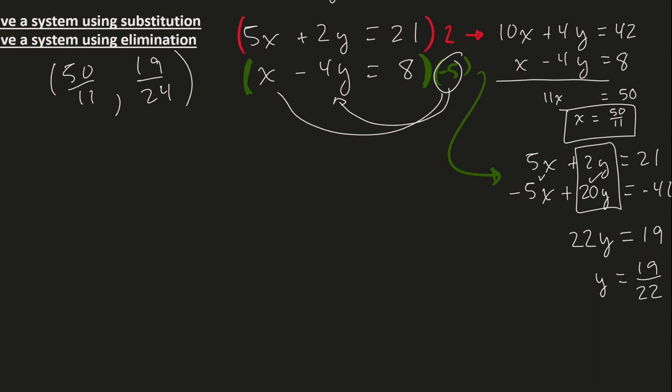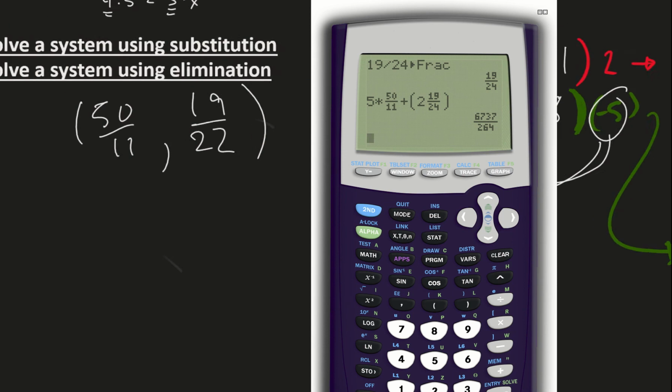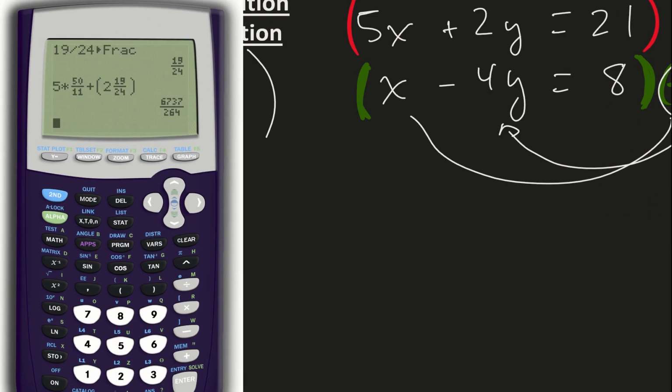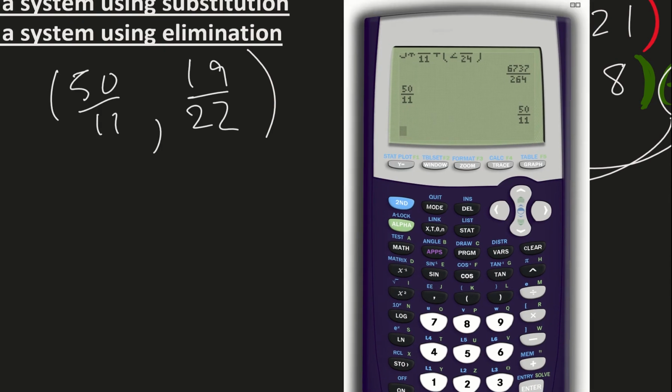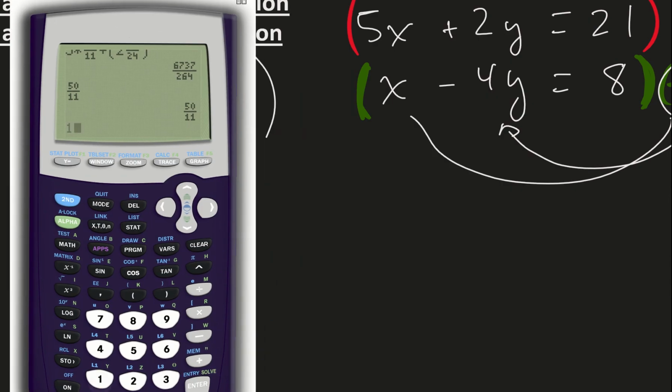I'm going to come back in and change this to 22. And I'm going to have a chance again to redeem and see if we can get this right. So let's go back up and grab the original value of x so that it's closer on the screen. There's my x. I'll just enter that. And then my y is 19 over 22, not 24.